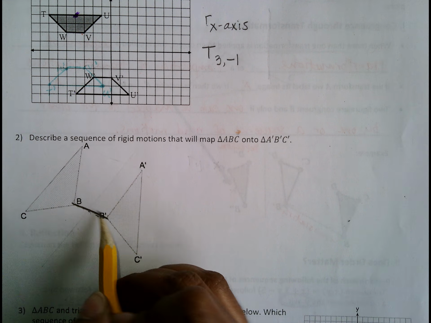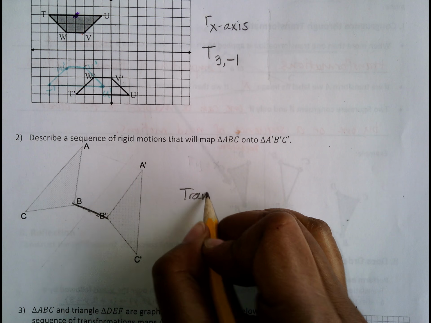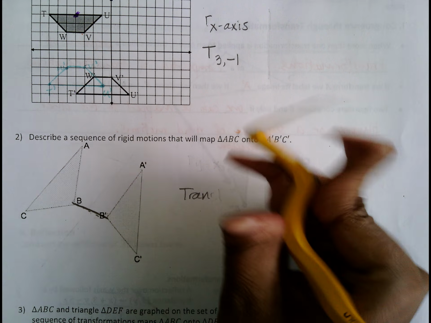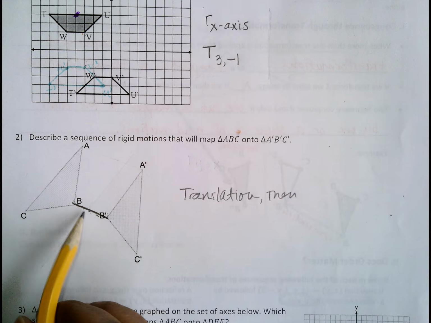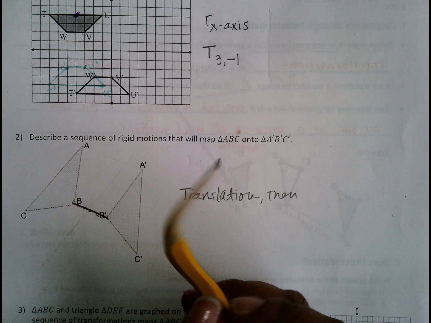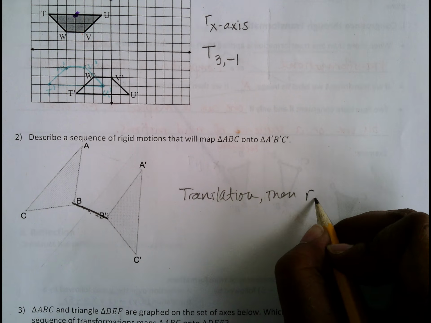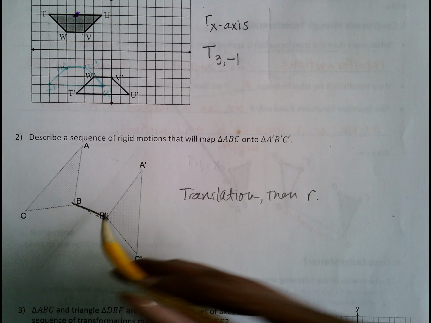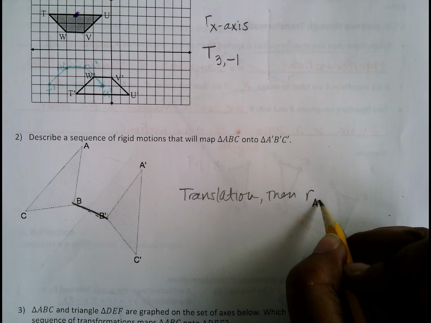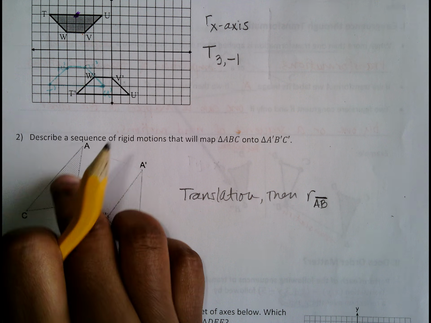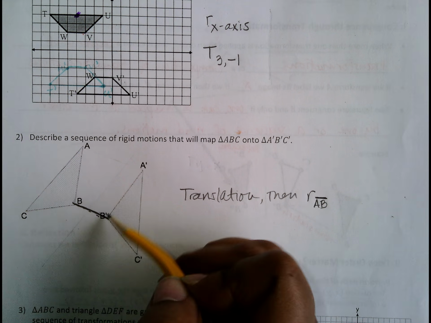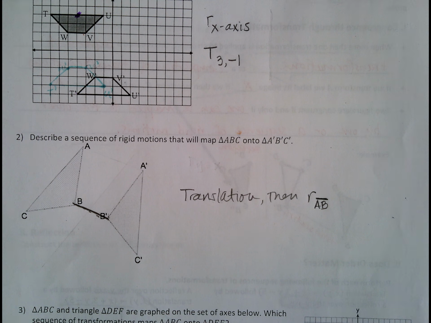So if I moved that, which would be a translation, a slide, ooh, that is super sloppy, a translation and then a reflection over segment AB. Move that over and then flip this side, and it should coincide or map or lay over each other. So reflection in segment AB, okay?